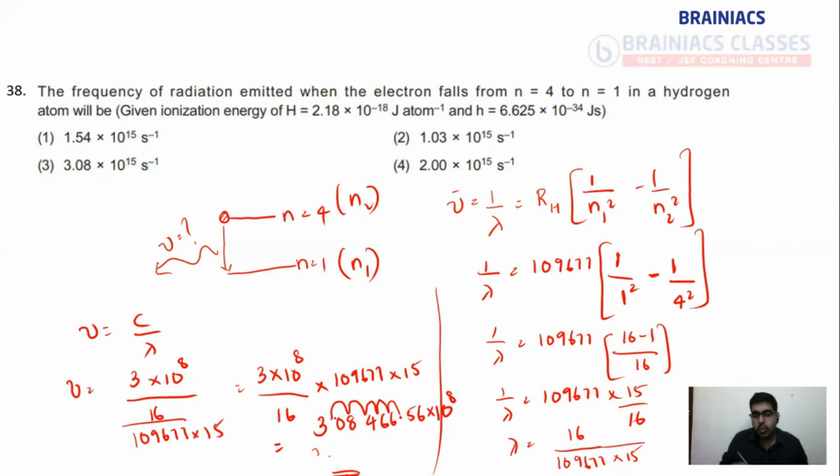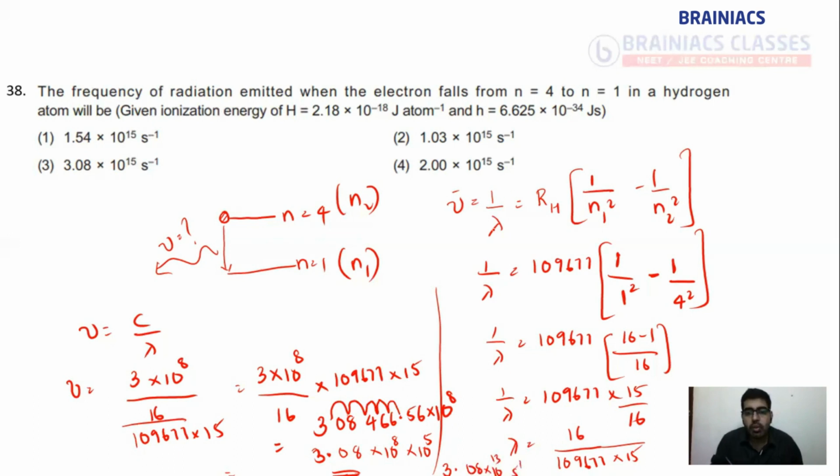Taking this point to this side, 1, 2, 3, 4, 5, so 3.08 into 10 raised to 8 into 10 raised to 5. You will get 8, 9, 10, 11, 12, 13: 3.08 into 10 raised to 13 second inverse.